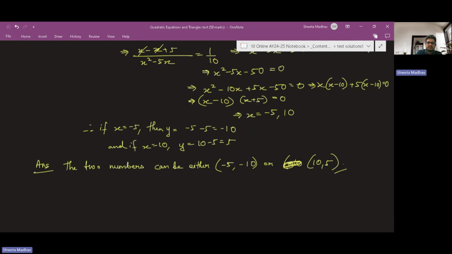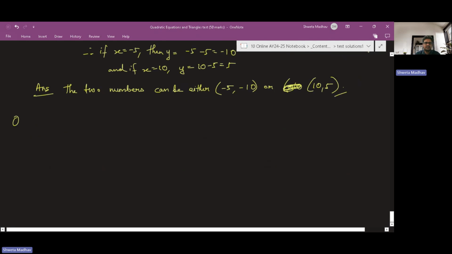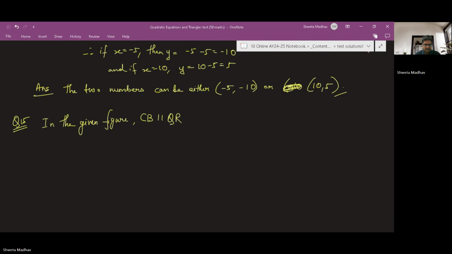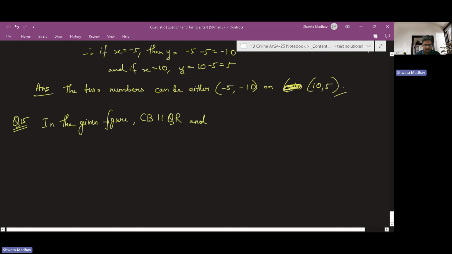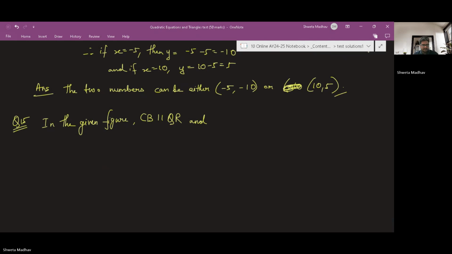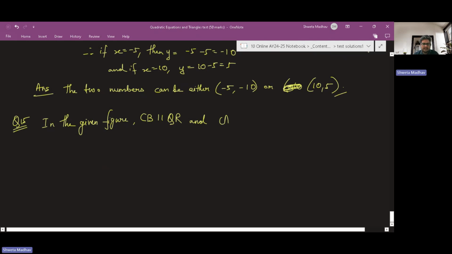Now in question number 15, it is told that in the given figure, CB is parallel to QR, and CA is parallel to PR.